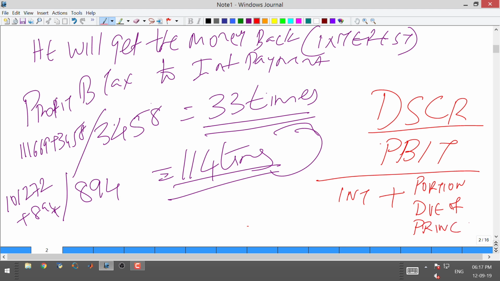That is, if I borrowed 10,000 crores and every year I pay 1,000 crores for the next 10 years, that is the portion. In this particular year, the 1,000 crores will come in as a portion. That is, is the profit sufficient to pay the interest that is due this year plus the capital repayment that is due this year? That is what is called debt service coverage ratio, DSCR.